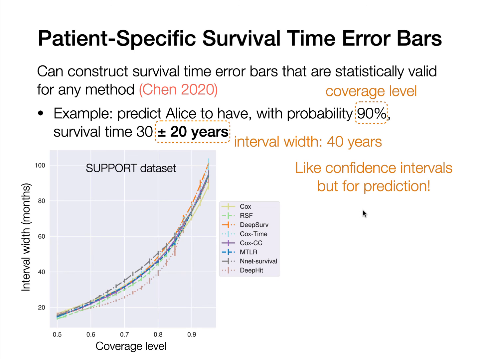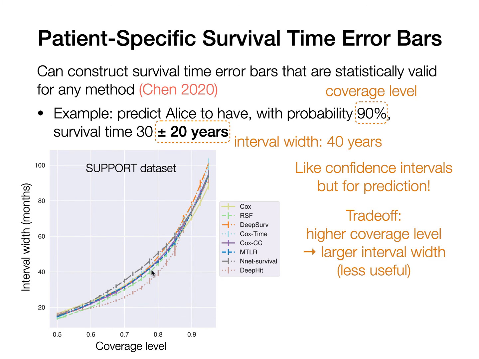Okay, so basically what you can do is you can plot prediction interval width as a function of coverage level. Okay, you can compute this for any survival estimator you want, and this is an interesting way to look at, depending on what interval width you want or what coverage level you want, what kind of model achieves the lowest interval width.